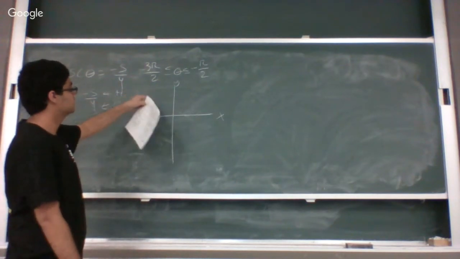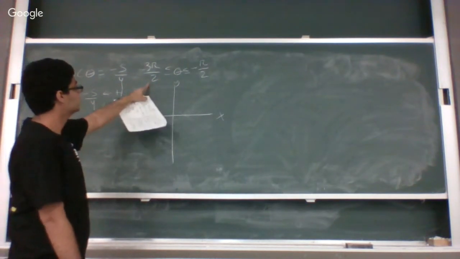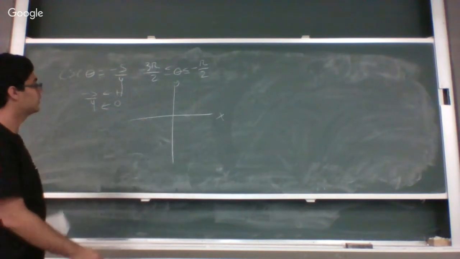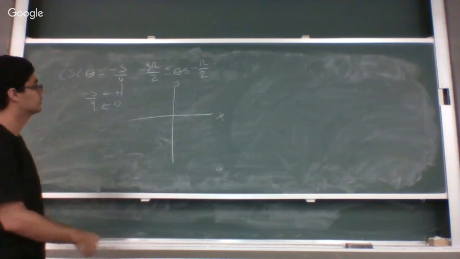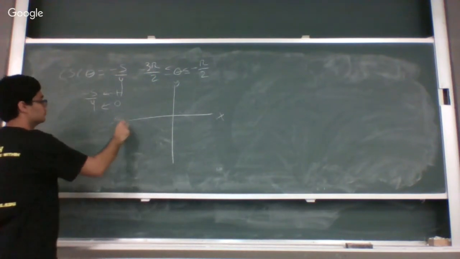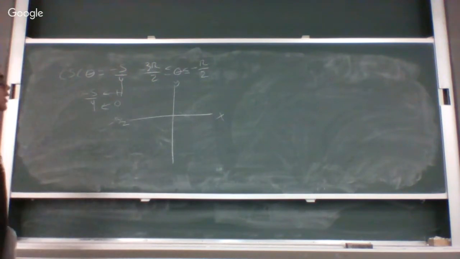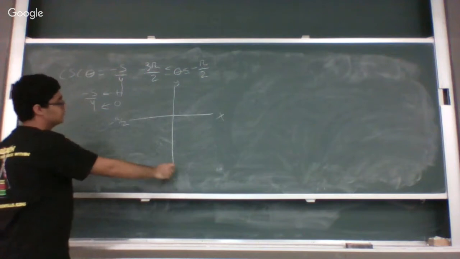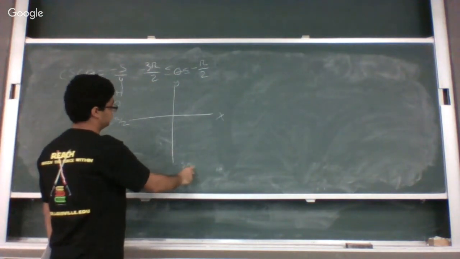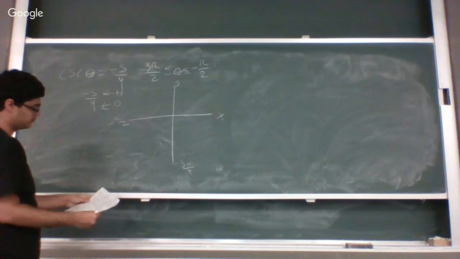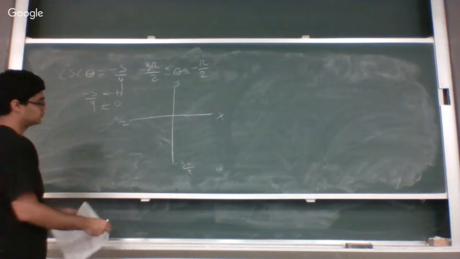This tells us that it has to be -3 pi over 2 to -pi over 2, so we have to go sort of backwards. If we go backwards, this is -pi over 2, and -3 pi over 2 would be at the top.